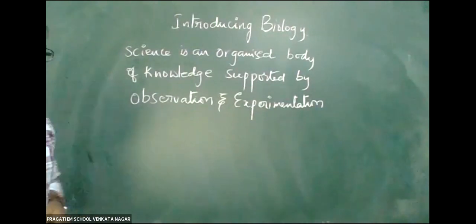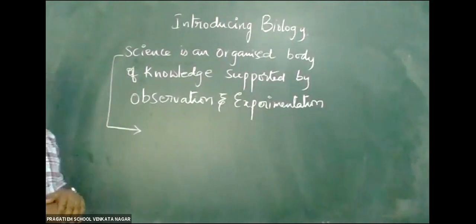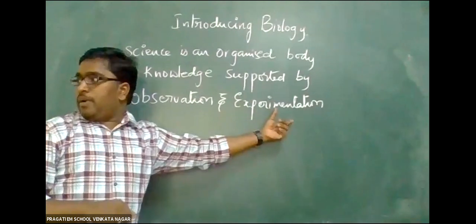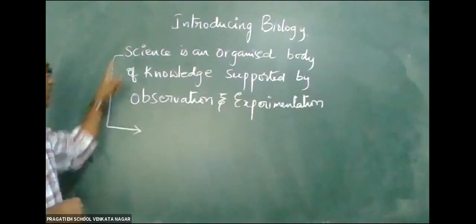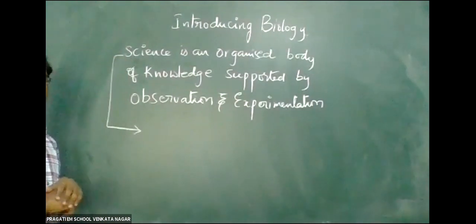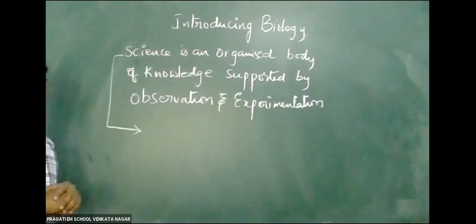In science, based on observation and experimentation, the subject is divided into different types of branches.